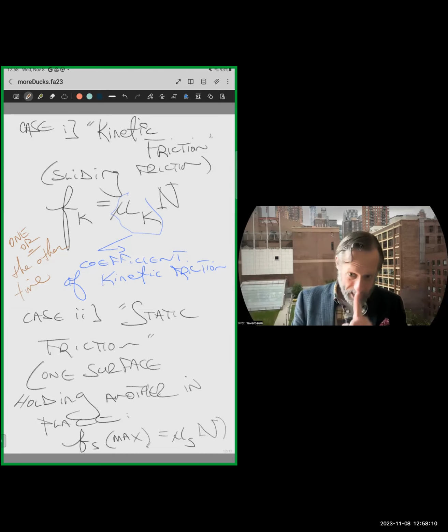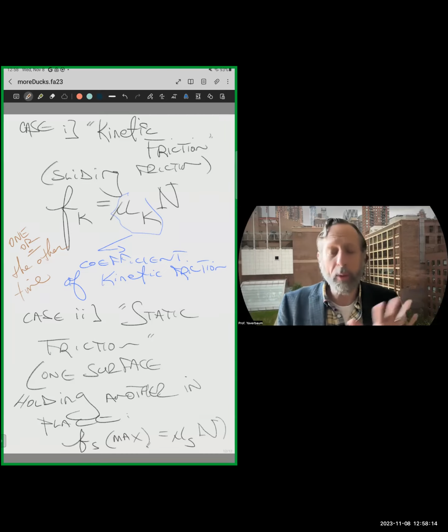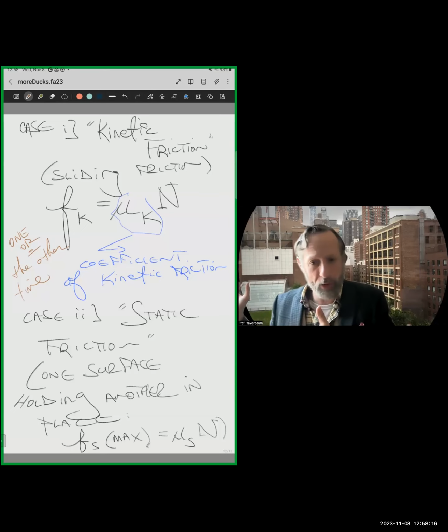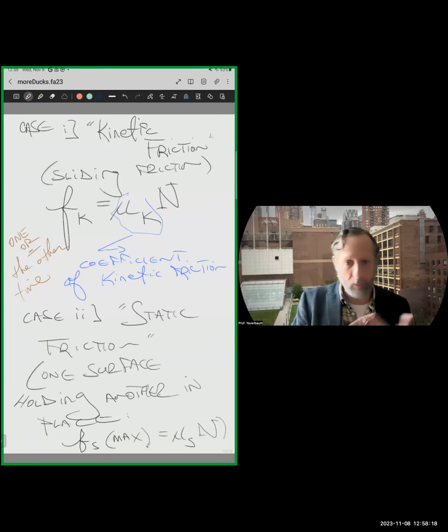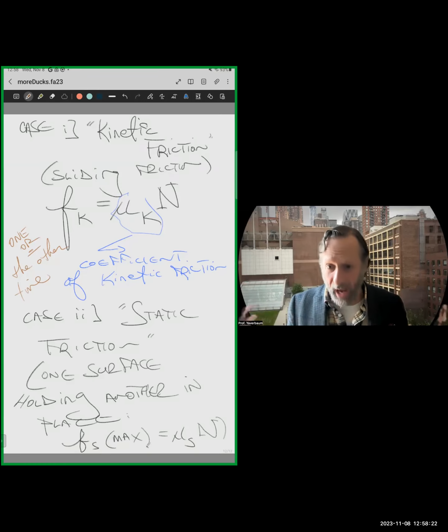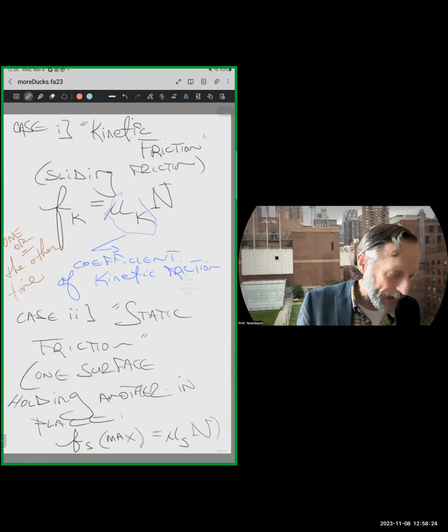Now in this problem that we're doing right here, it was already assumed the thing had already gotten in motion by the time we started the problem. We're not having a fight with friction here. It's just already sliding and the friction's there. So back to this problem.